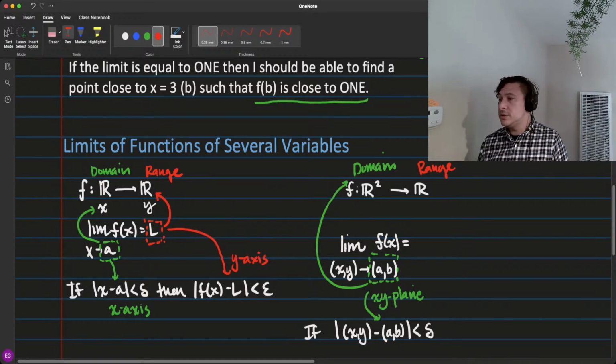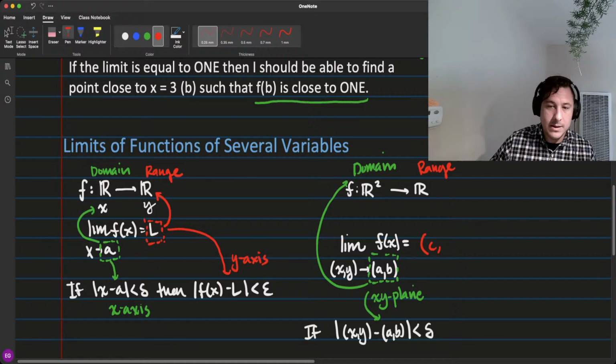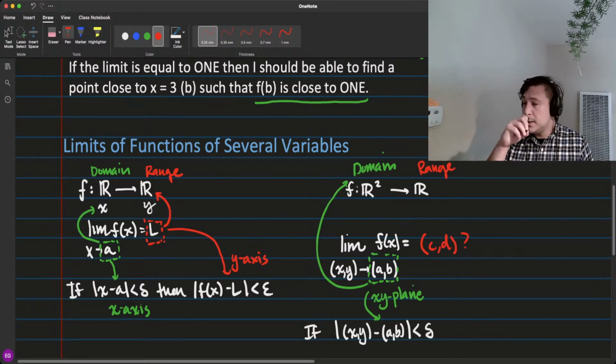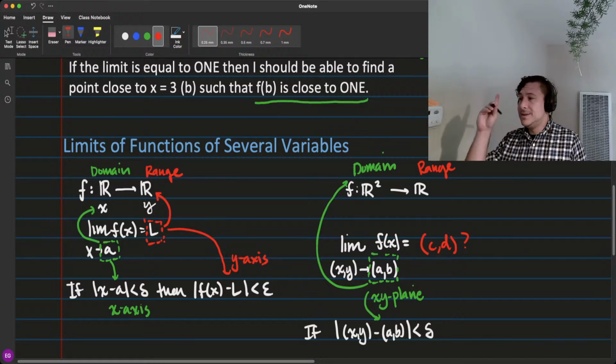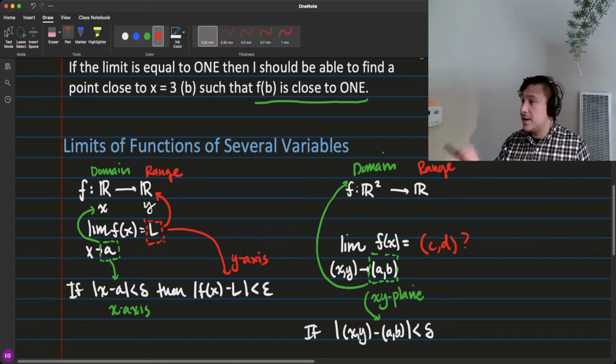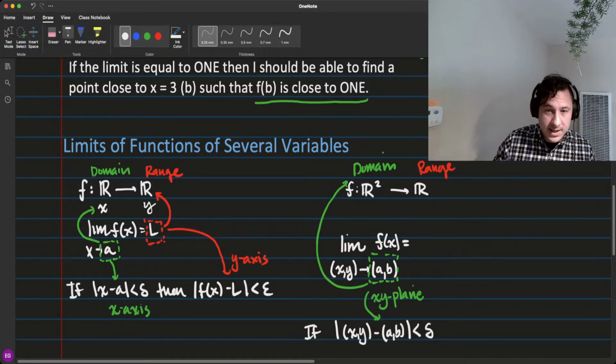Am I going to have this equal to c comma d, another point? Yes, exactly, because the output is the range, and the range is just R. The range is not R2. Thank you for paying attention and listening. I am happy. So this is going to still be equal to L.